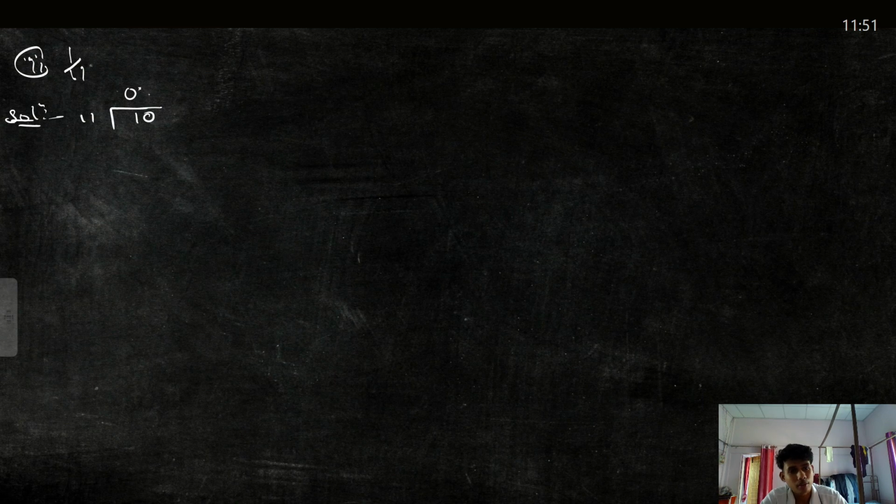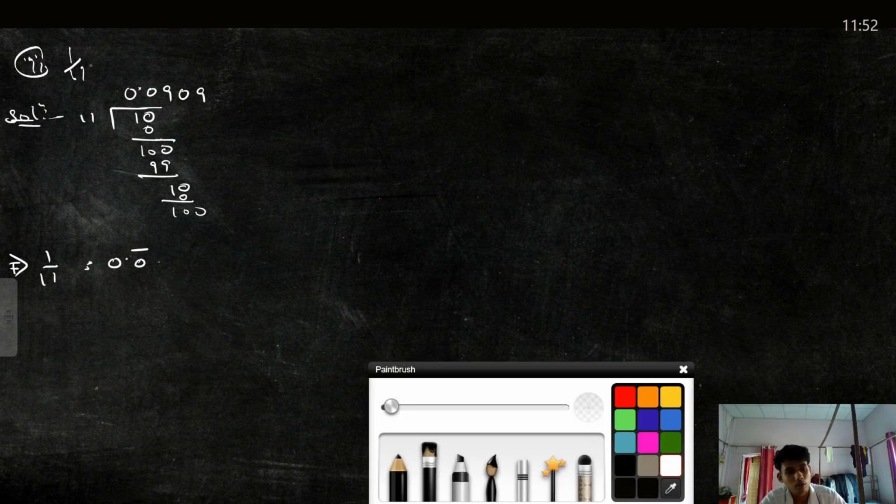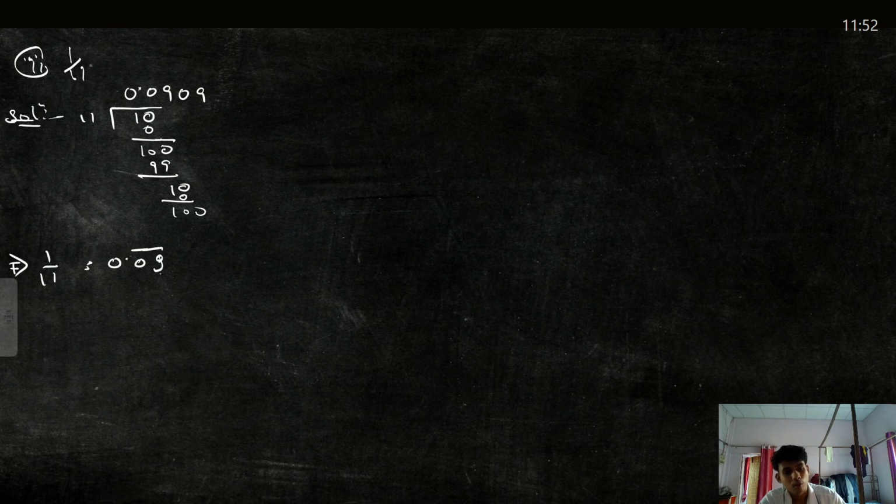Now 11 times 0 is 0, it becomes 100. 11 times 9 is 99. That implies 1 by 11 is equal to 0.09 bar, where 09 is recurring.